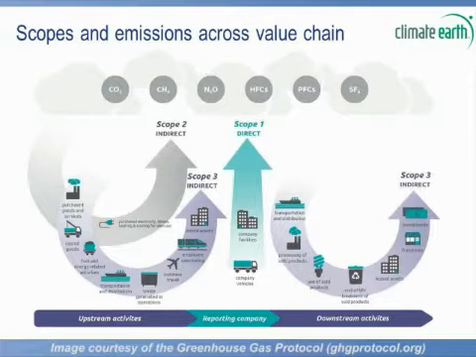The upstream activities are essentially all the emissions that are associated with the extraction of raw materials, the creation of intermediary products, and the production of a good or service. All the downstream activities are all the emissions that are associated with the use, transportation of, and disposal of a sold product or service.